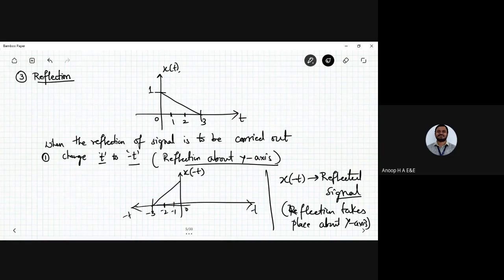That is nothing but the x of minus t signal. There is no change in the magnitude. If you had observed it, there is no change in the magnitude. You can only observe the reflection about the y-axis. So that is what you mean by the reflection of the signal.